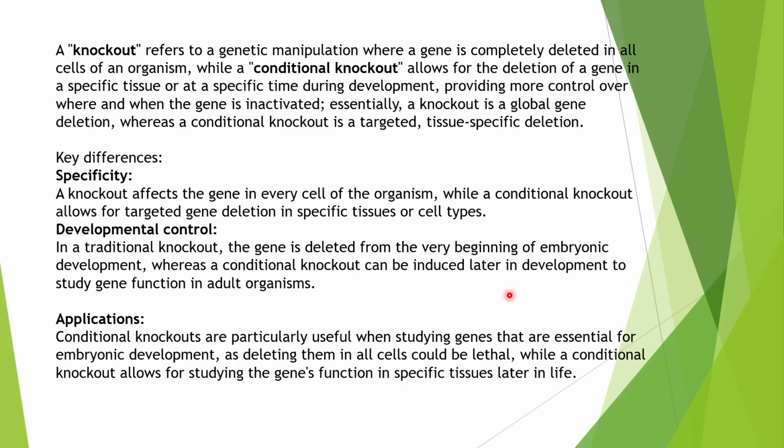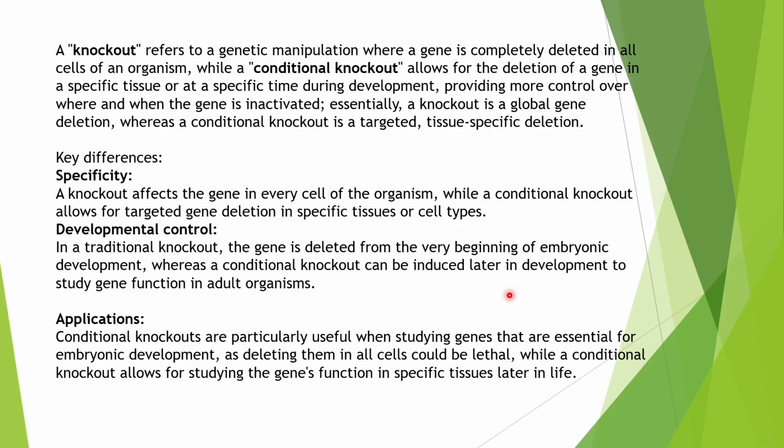A knockout affects the gene in every cell of the organism, while a conditional knockout allows for a targeted gene deletion in specific tissues or cell types. Developmental control. In a traditional knockout, the gene is deleted from the very beginning of the embryonic development.